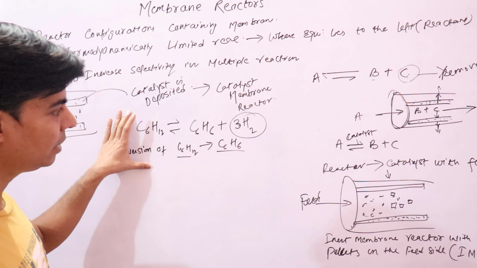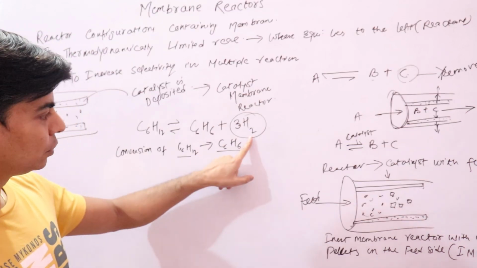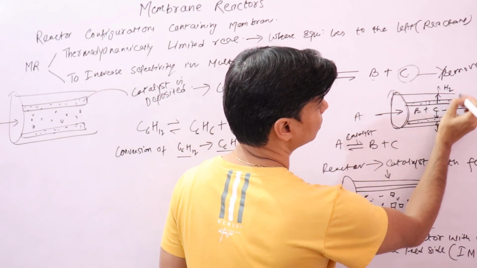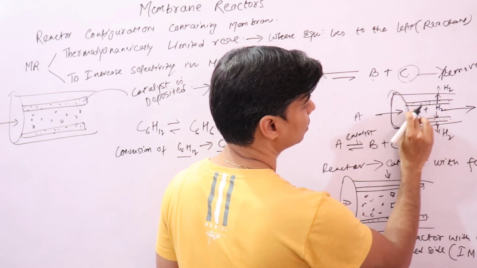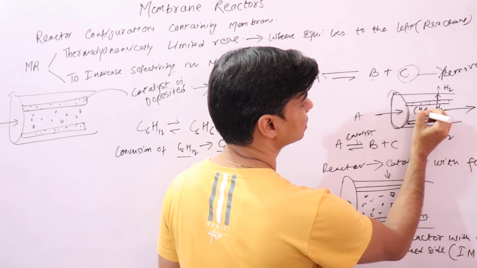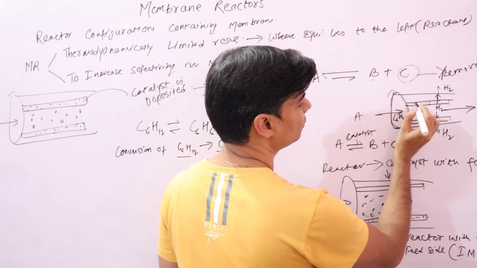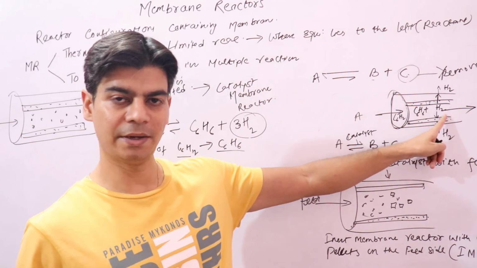So if this reaction is carried out in this type of reactor, hydrogen will diffuse out. Say this is your hydrogen and this is your C6H6, and C6H12 is reacting to give you C6H6 and hydrogen.